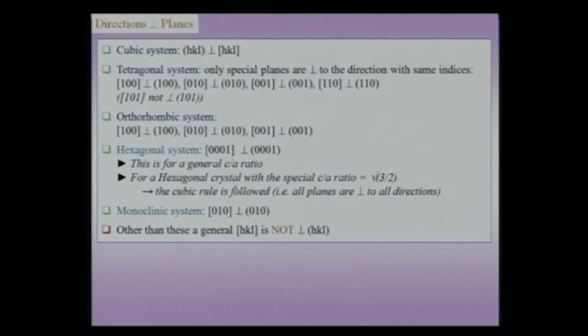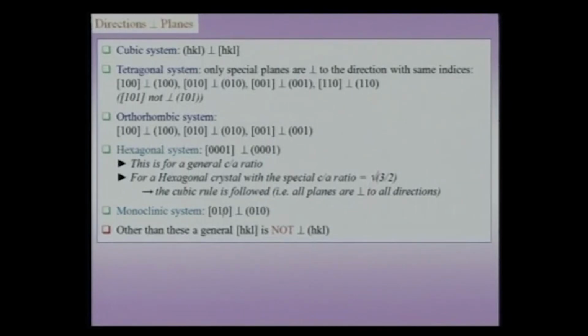So these kinds of special crystals are called pseudo cubic crystals because they have the cubic rule being followed, and the special ratio is often referred to as Franck's ratio, wherein √3 is of course the length of the body diagonal of the cube and √2 is the length of the face diagonal. So it's √3/2, and if my hexagonal lattice has this C by A ratio, then I have the cubic rule being followed.